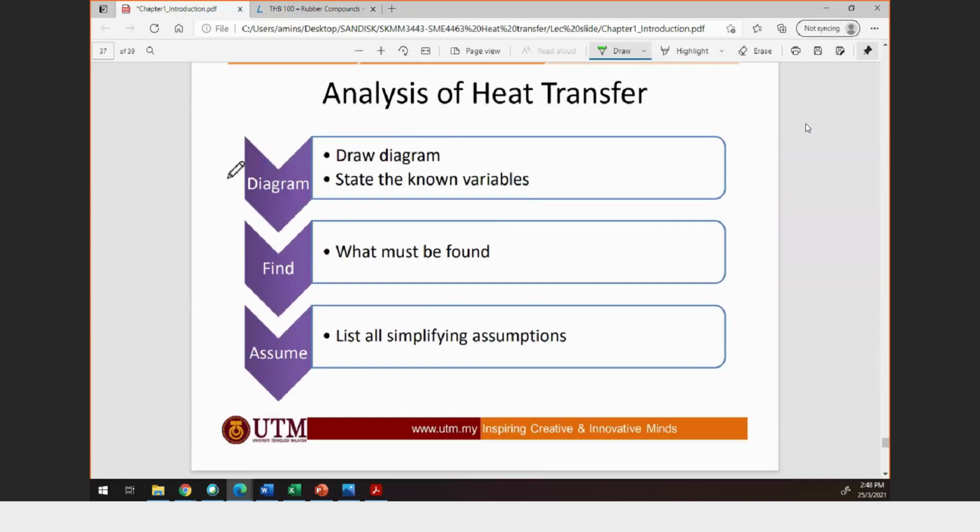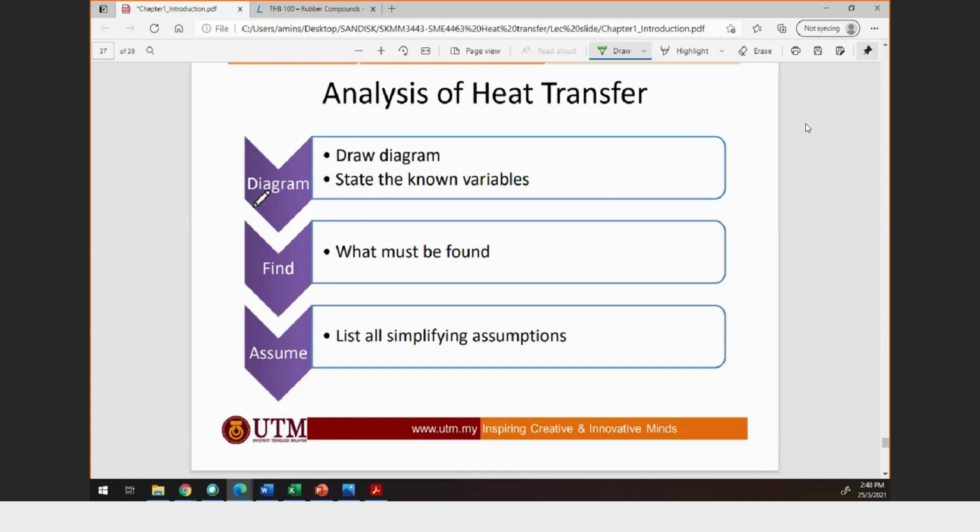So this is just a summary of what you need to understand for the analysis of heat transfer. Normally, same like thermodynamics, you need to have a diagram in order to understand from where the heat transfer is going, from left to right, or up to down, or from the inside to the outside.